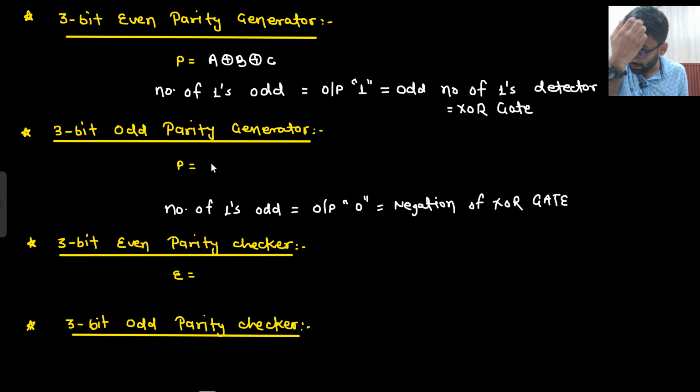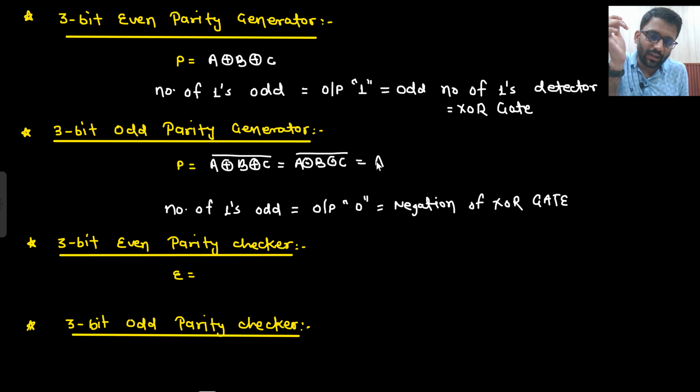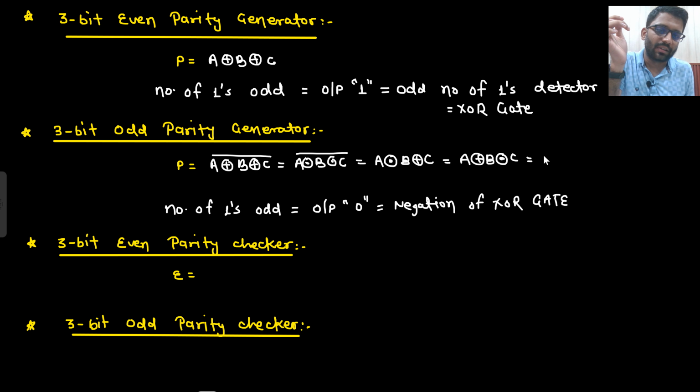Negation of the XOR gate can be written as this, or there are other expressions as well, this or this. Anything can be asked in the examination. Or, this traveled here, this traveled here. More expressions are possible, since this dot can travel anywhere. Okay, the 3-bit even parity checker.